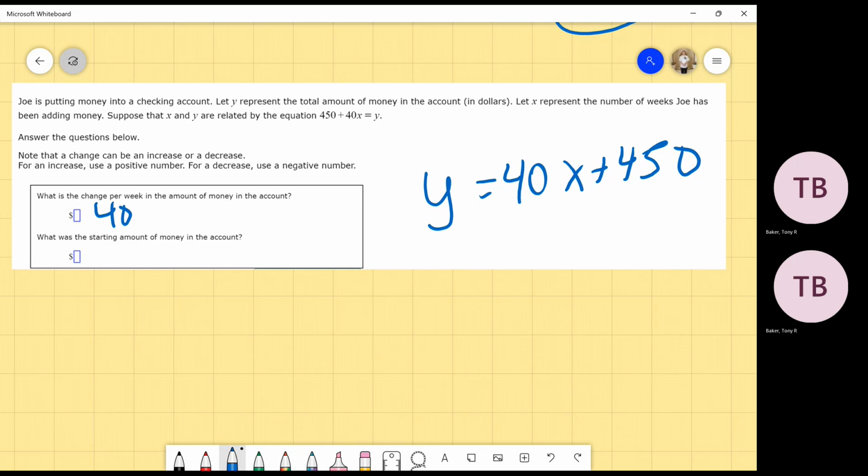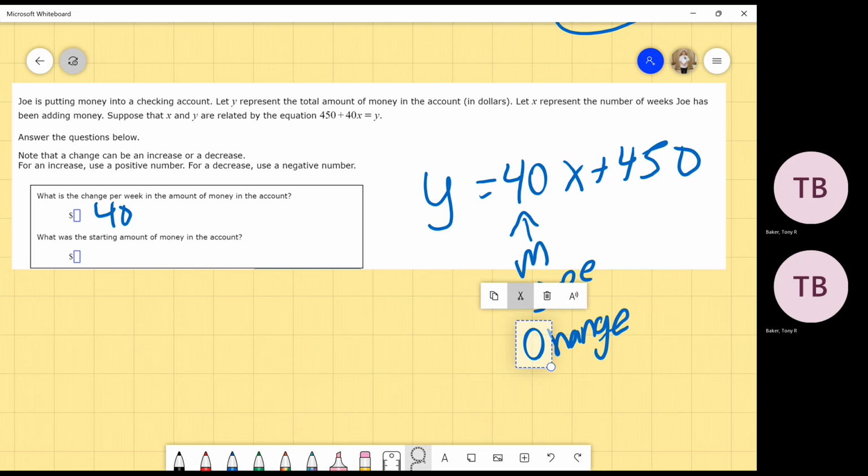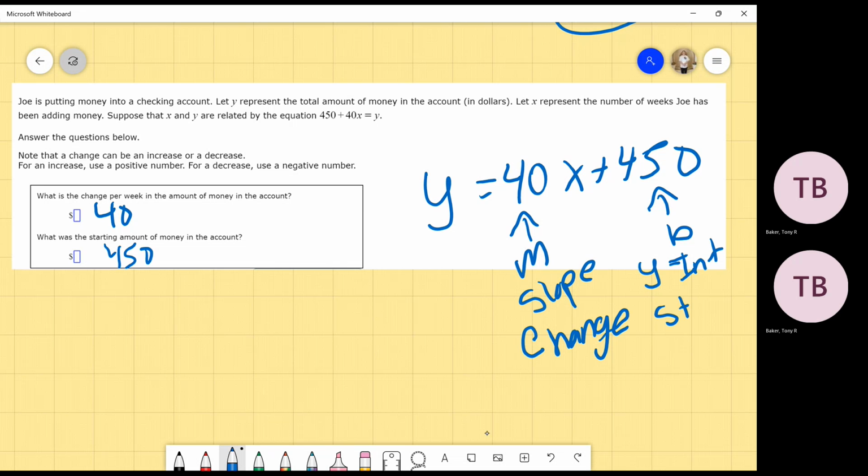So that's my M or my slope, that's the change. And then what was the starting amount of money? That's the 450. So that's my B, my y-intercept, or the starting. That's it. That's all this question's asking.